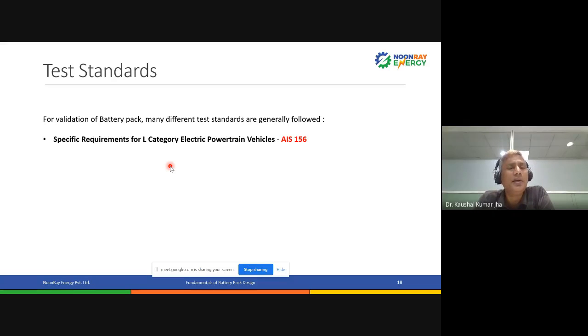Now, the specific requirement for L category electric powertrain vehicles is AIS 156. L category means it's mostly two-wheelers and three-wheelers. For the harmonic vibration test, AIS 048. Shock abuse, again AIS 048. Random vibration, SAE J2380.